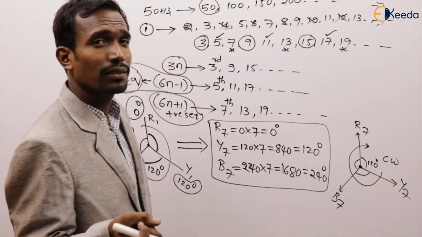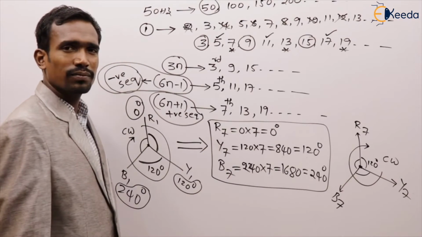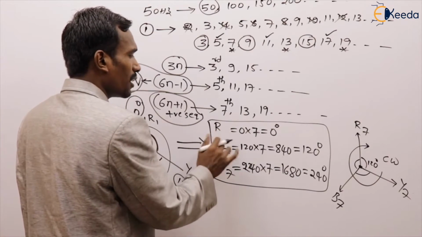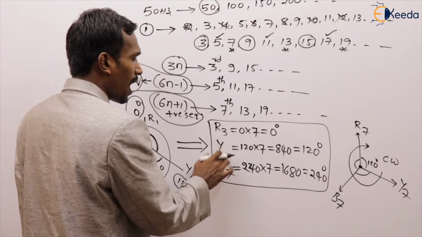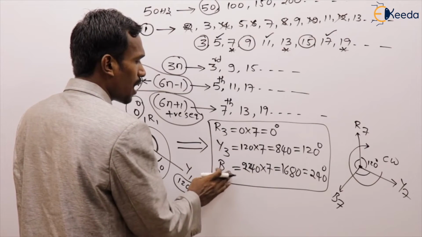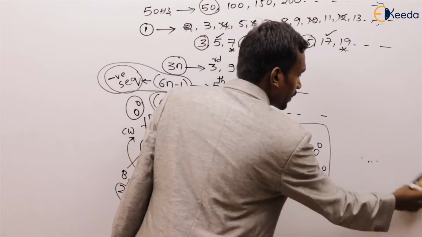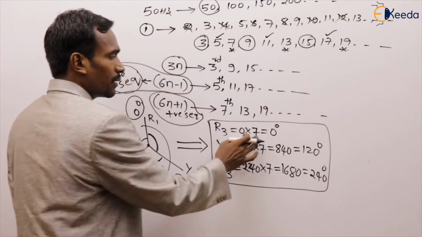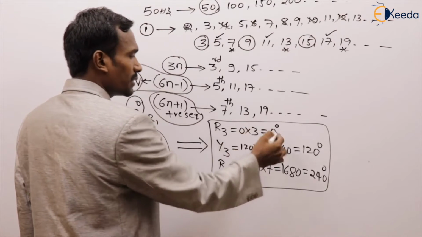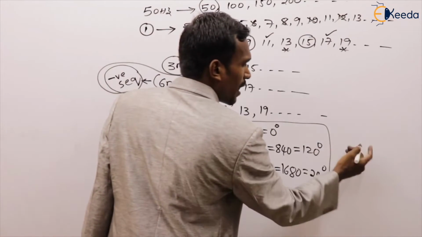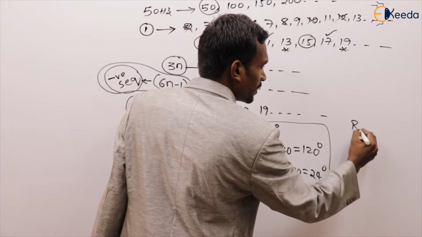Do it again here. Now I want R3, Y3, B3. R3 is 0 into 3, which is 0, so my R phase is at 0 degrees.